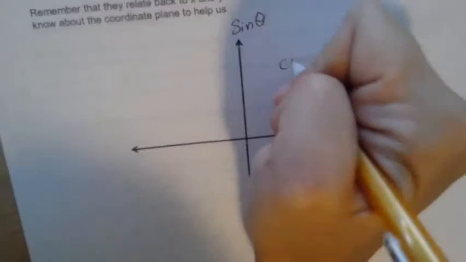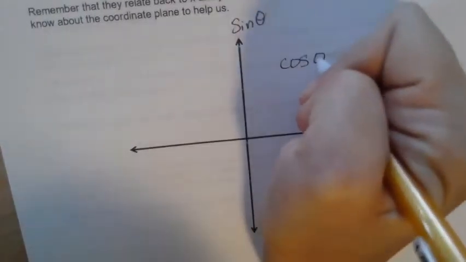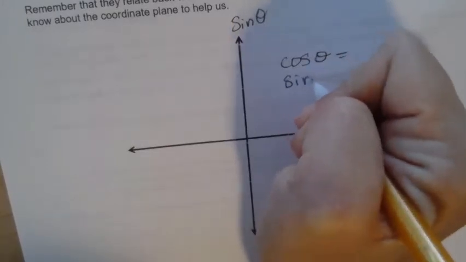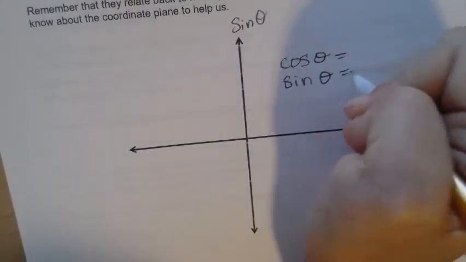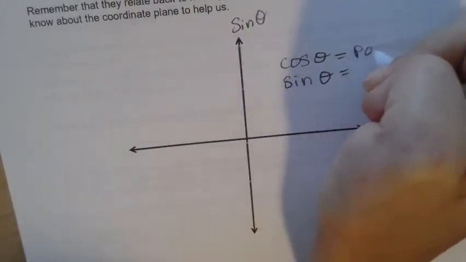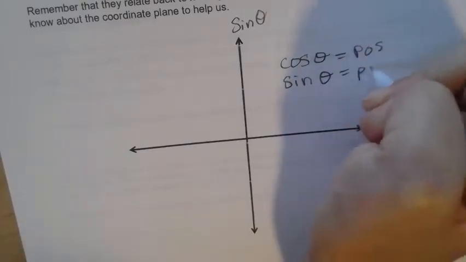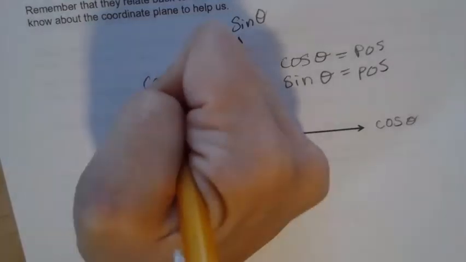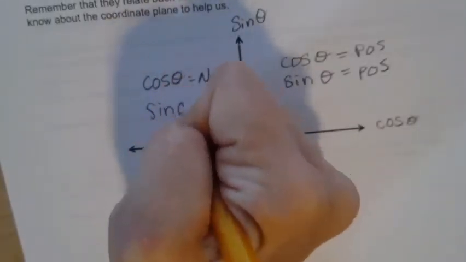So cosine and sine in the first quadrant are both positive. In the second quadrant, cosine would be negative, but sine is positive.